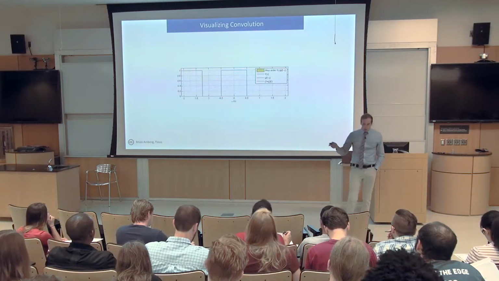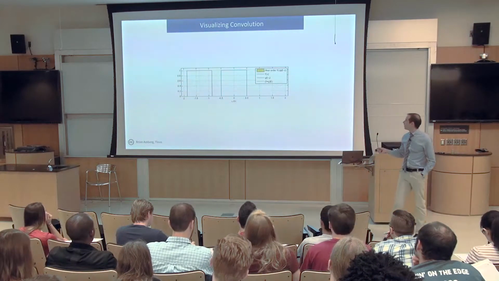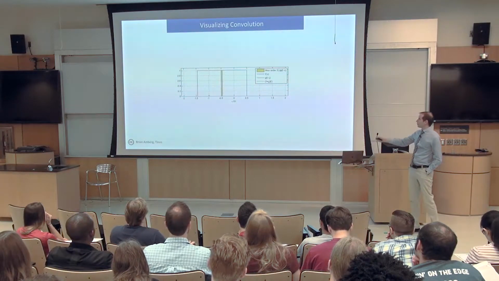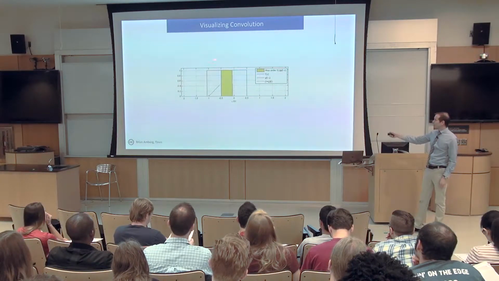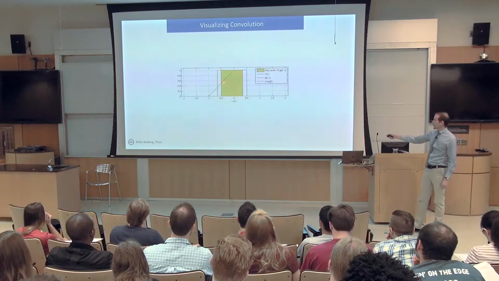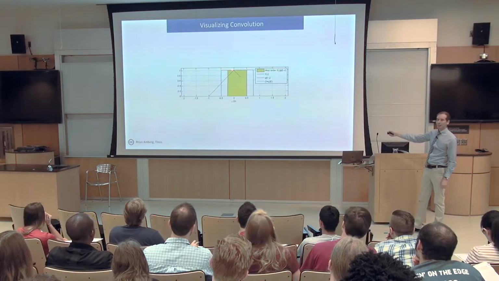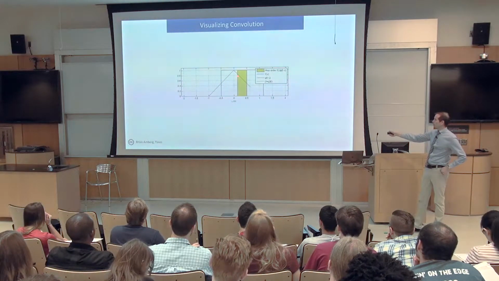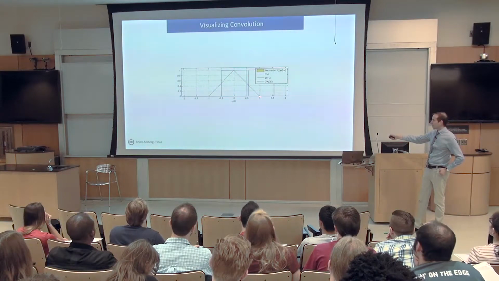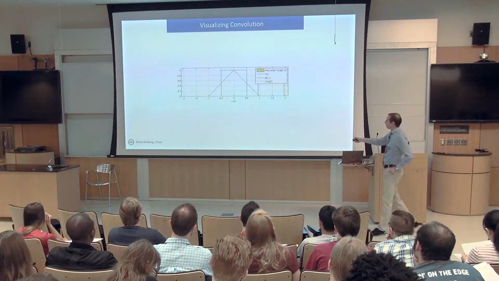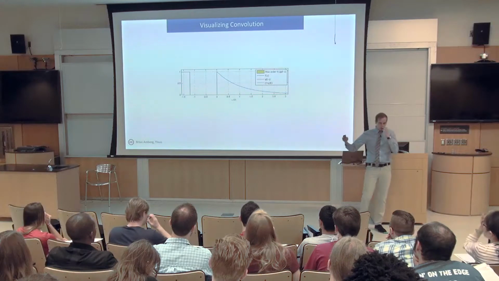So I have two square pulses. As one square pulse is rolled across the other, it begins to overlap, so our convolution function goes up in intensity. It reaches a maximum where the two overlap the most, and then the value decreases back down. Now, these functions don't have to be the same or symmetric.